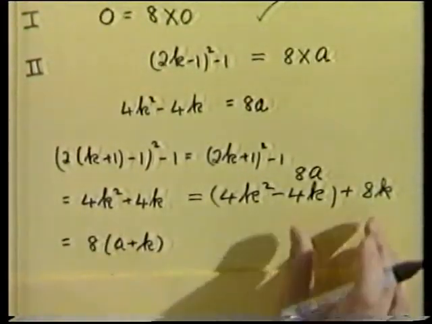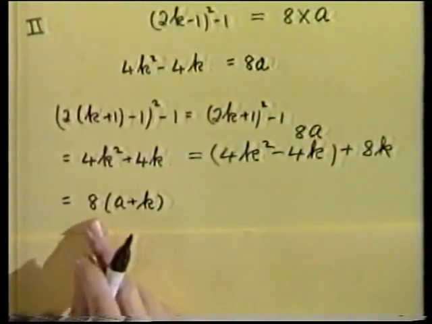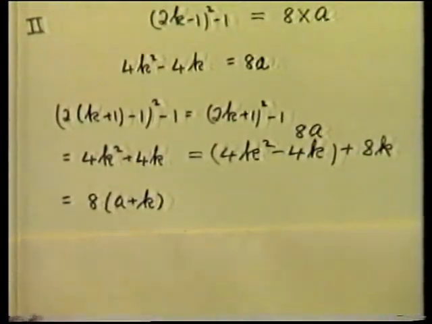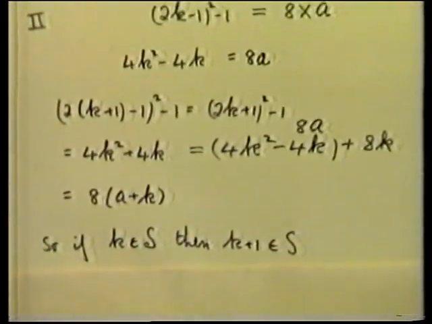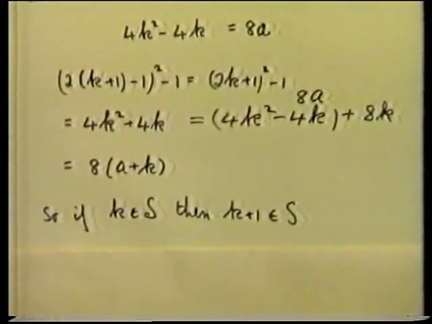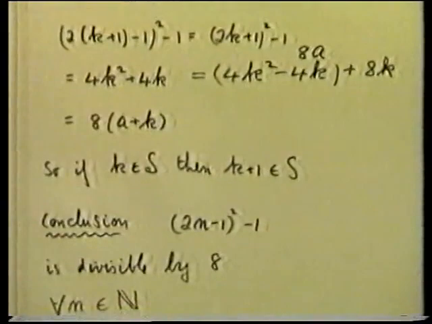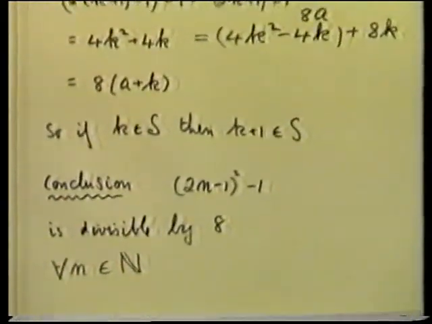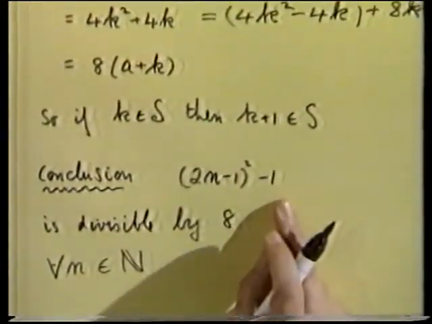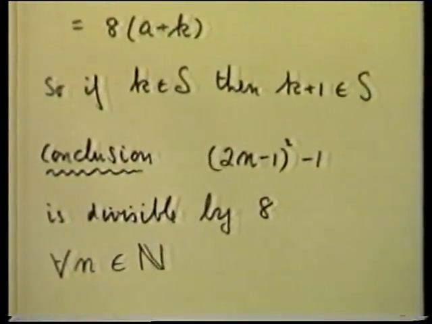And so, by gathering these two terms together, I have that the expression for k plus 1 is 8 times the integer a plus k. So in fact, I have proved the second property. If k is in S, then k plus 1 is also in S. I've proved both properties for S, so my conclusion is that the expression that I started with is divisible by 8 for all the positive integers n.